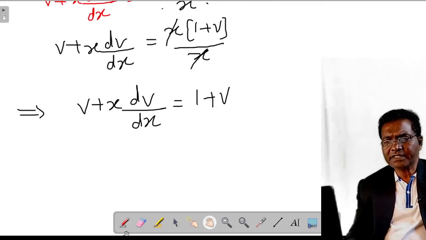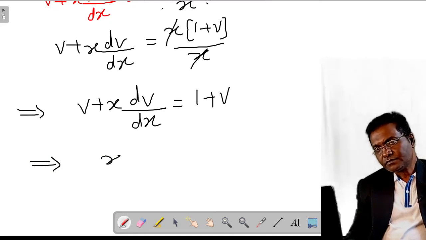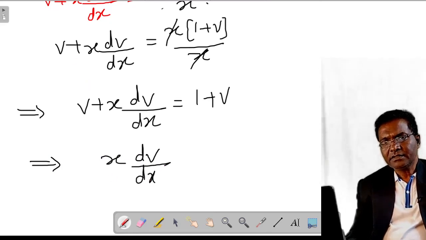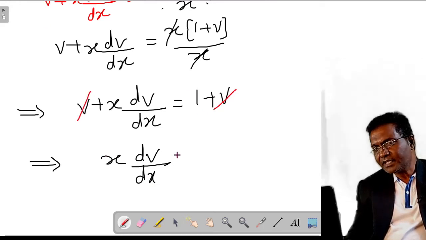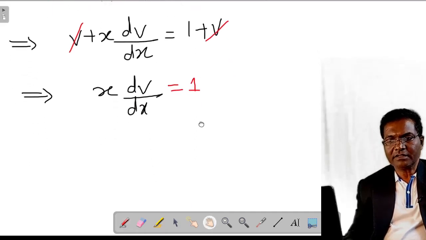Now bring this v this side, or you can directly cancel that. Okay, so if you bring v this side, minus v, it gets cancelled. So you are left with 1.